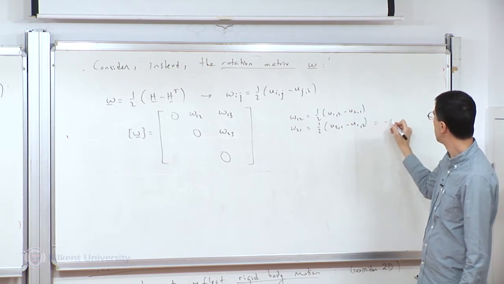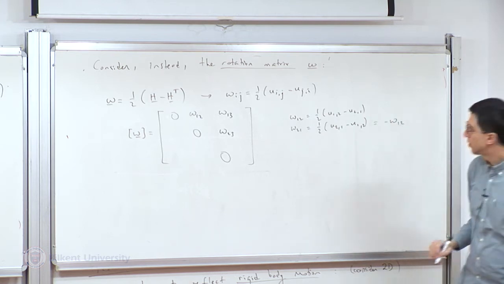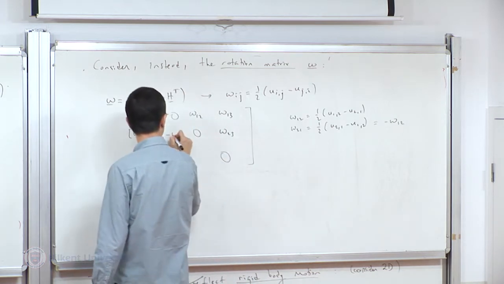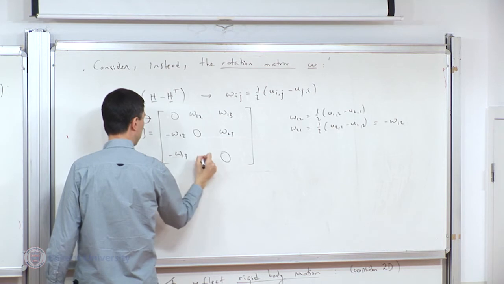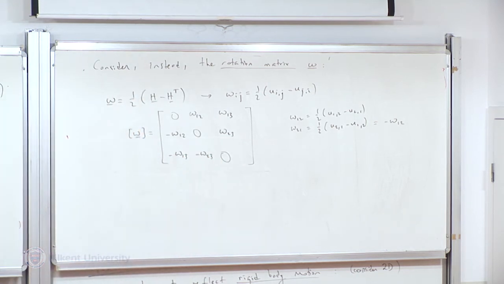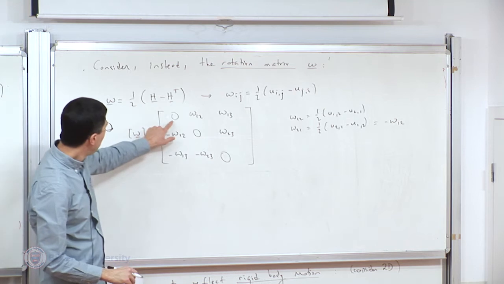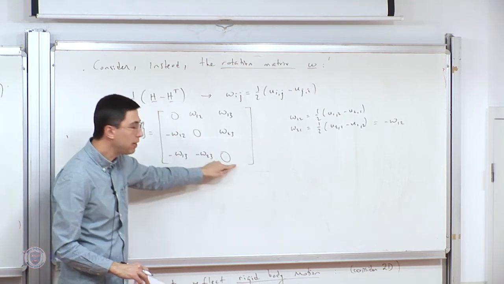So this is equal to minus omega 1,2, actually. So in other words, what I have here is omega 1,2, and here minus omega 1,3, and here minus omega 2,3. Now this is very much like strain, but these zeros make a big difference.